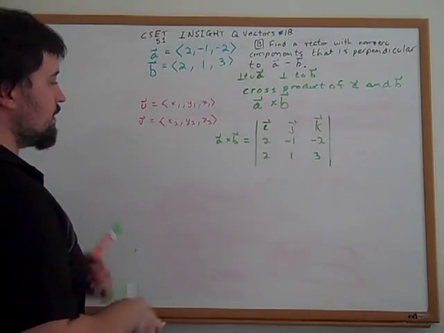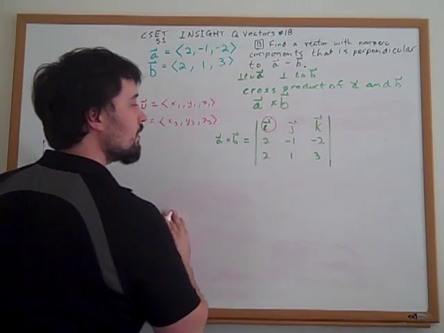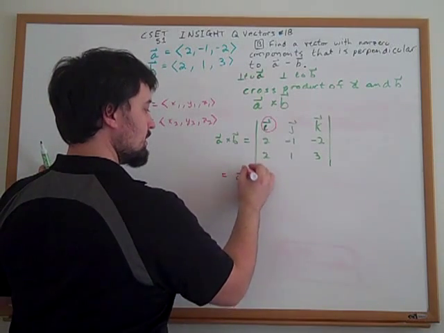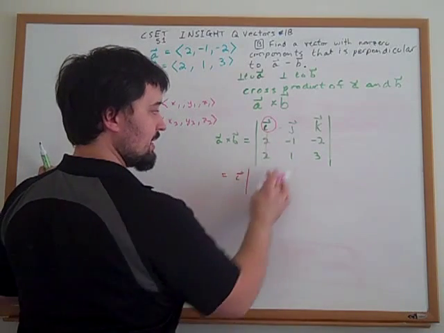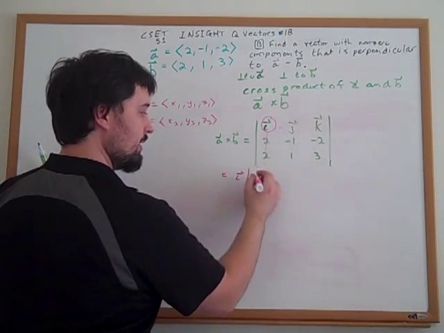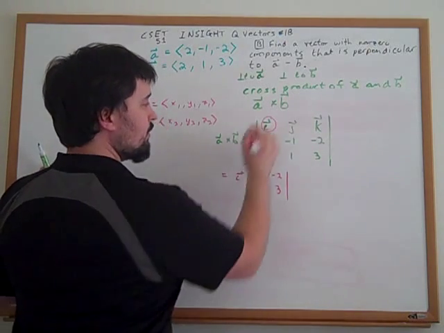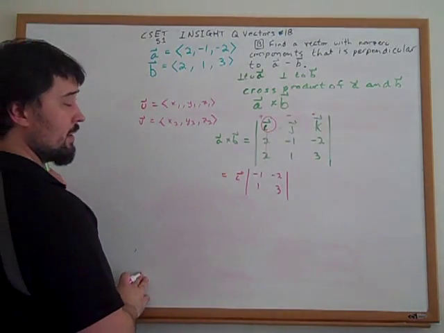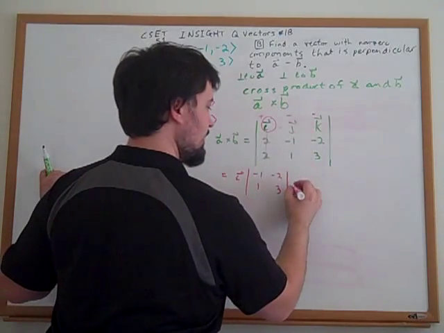For this, I'm going to use minor expansion, so i times, cross out the row and column, so what's left is -1, -2, 1 and 3. Now, we're always going to have a plus, minus, plus pattern going. Think of it as a checkerboard of pluses and minuses. So next we have minus j.